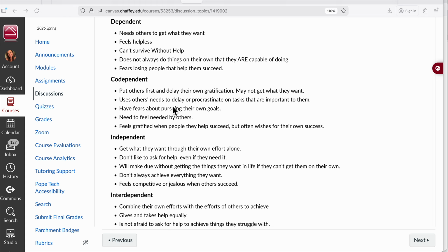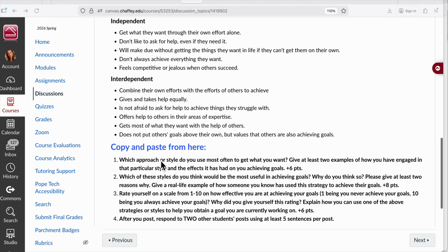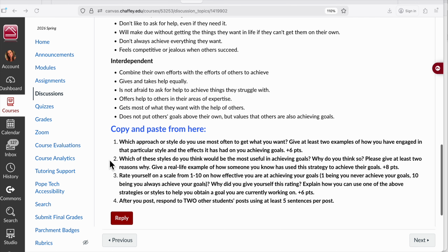Do you use other people and helping them as a way to avoid working on your own goals? Do you only work by yourself and never ask for help? Or do you ask for help if you need it and work on your own when you can? Those are the styles, and you'll pick one and answer these questions. You'll answer this one about the one that you most use.